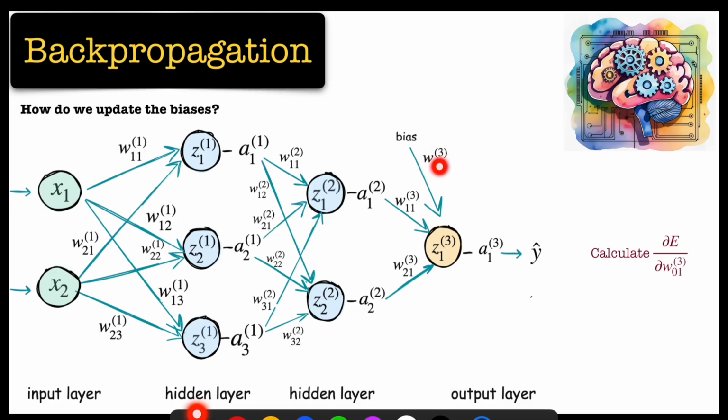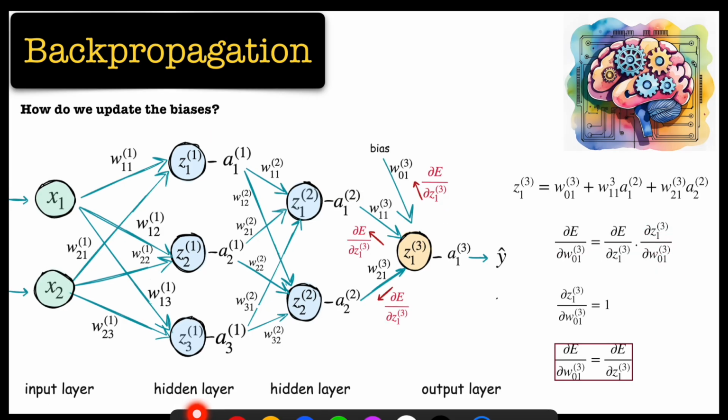Because these bias weights also we have to calculate. So Z13 is what? It's the bias W013 plus W113 A12 plus W213 A22. What is del E del W013? W013 is here only, and that we have to calculate.